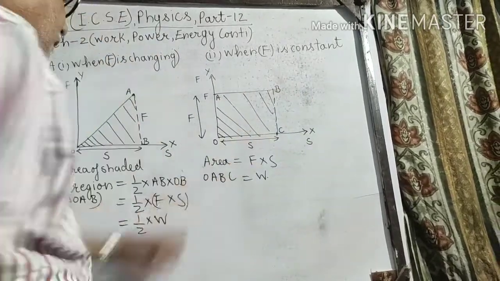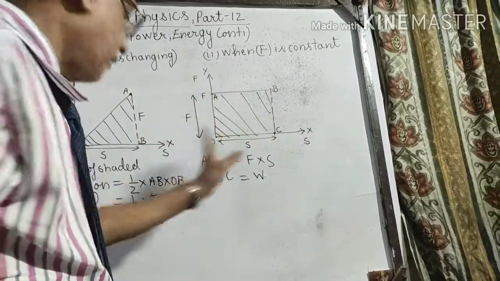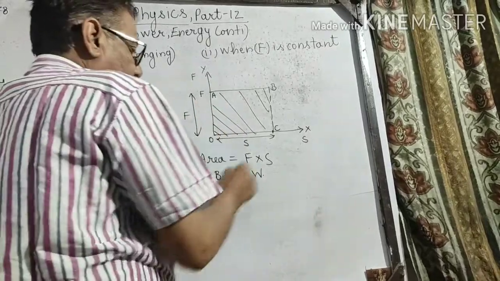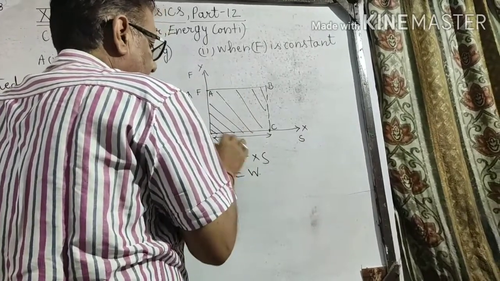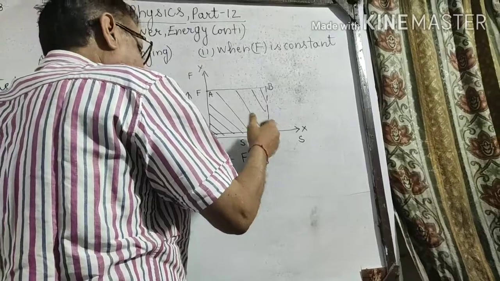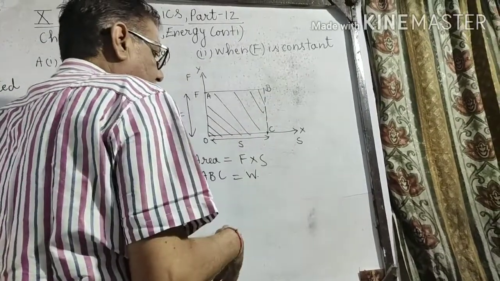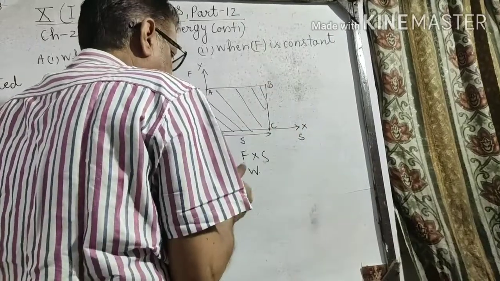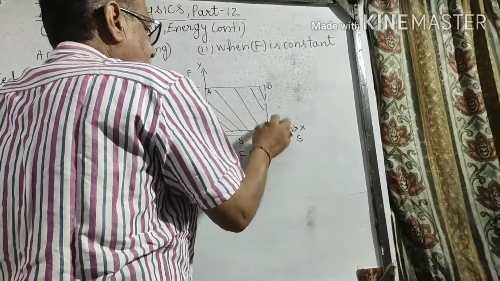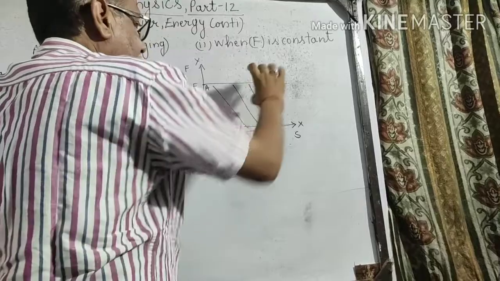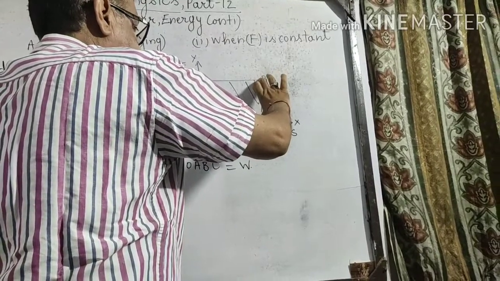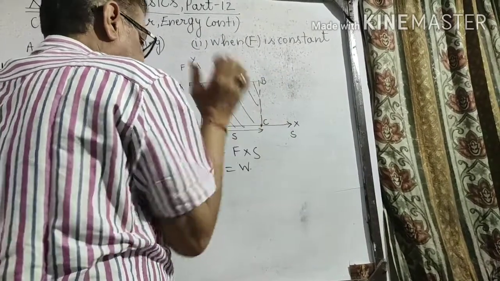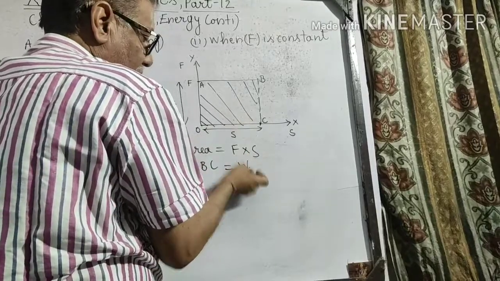Now if you calculate the area of the shaded region, how much are you getting? You are getting F into S, base into height, or length into breadth. So OC into BC, that means this is F and this is S. F into S means work.